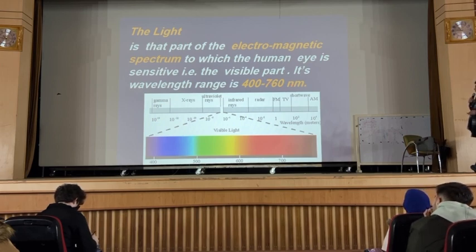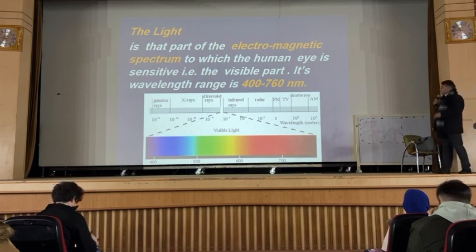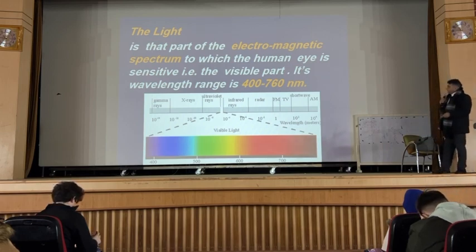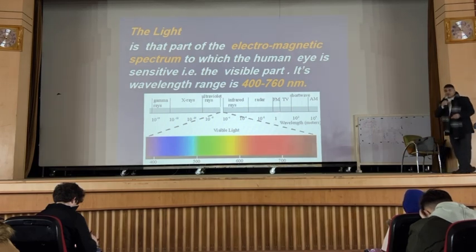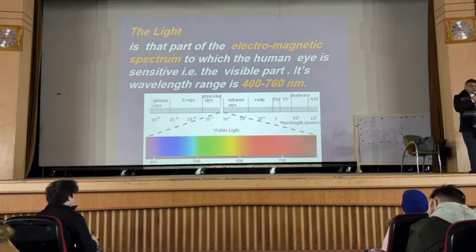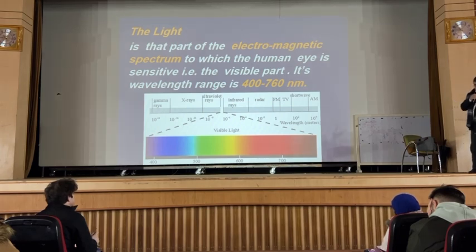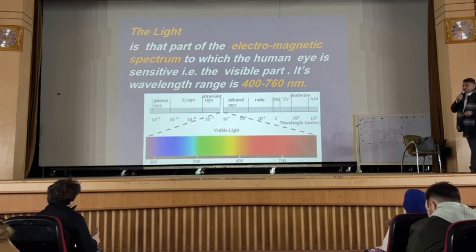So this will be the electromagnetic spectrum: gamma rays, X-rays, ultraviolet light, infrared, radar, FM, TV. These are all electromagnetic waves, but the only part we can see is the visible part between the ultraviolet and the infrared.